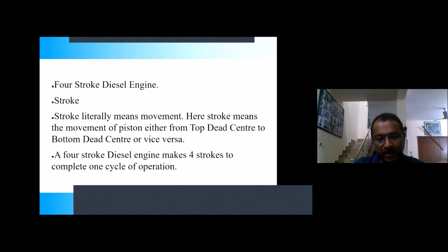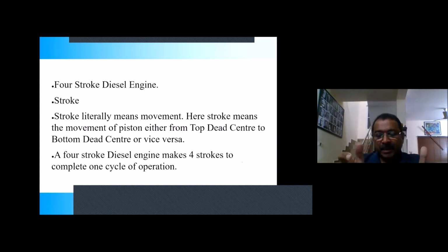It actually means movement, and the definition of stroke in a diesel engine in the literature is the movement of the piston either from TDC, or top dead center, to bottom dead center. A movement from TDC to BDC or BDC to TDC. TDC means top dead center.